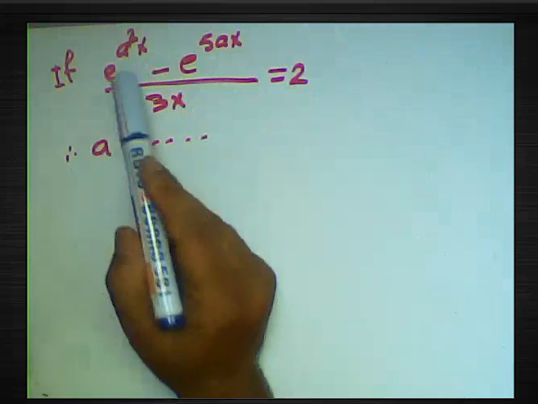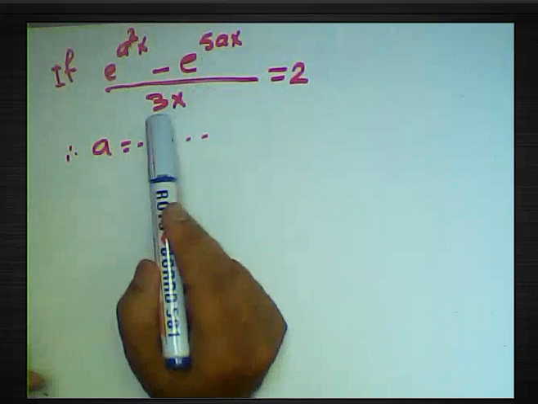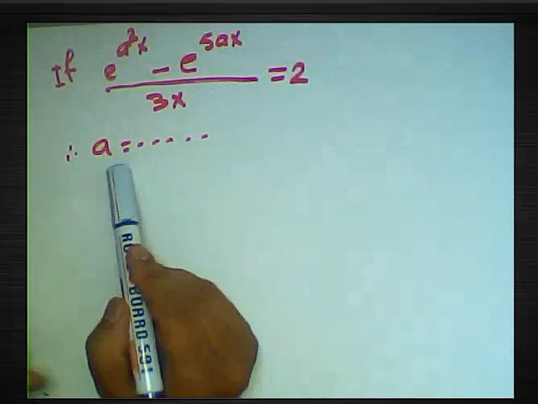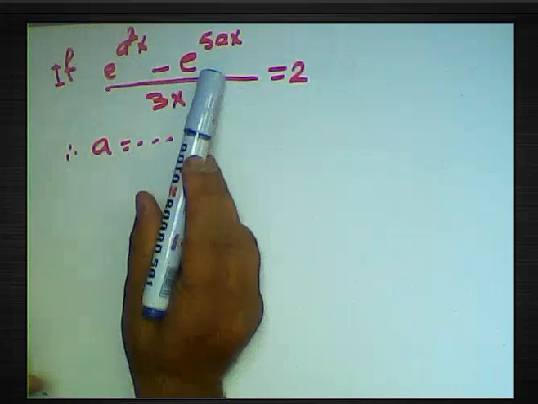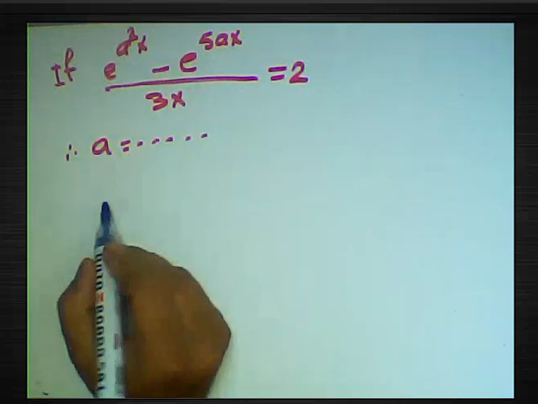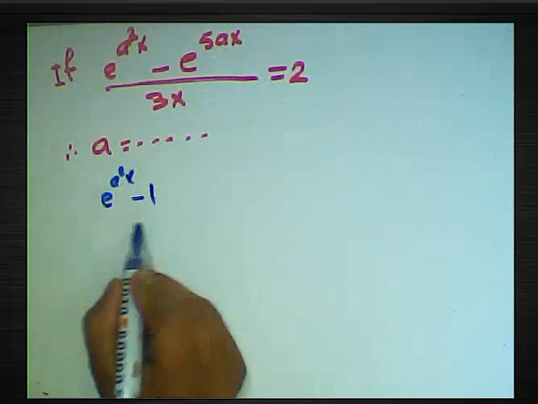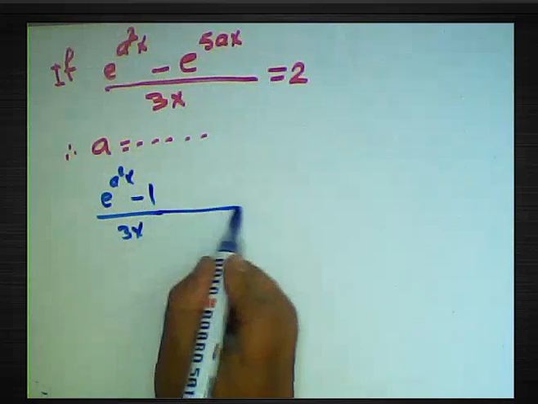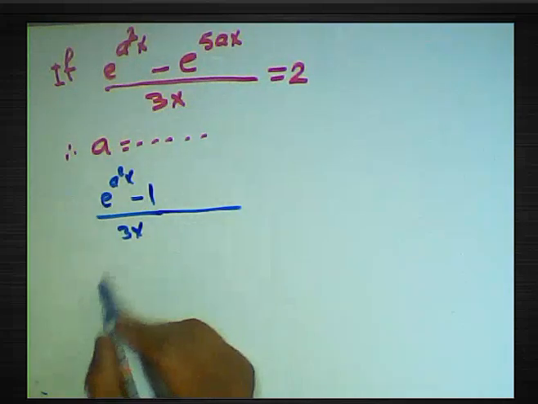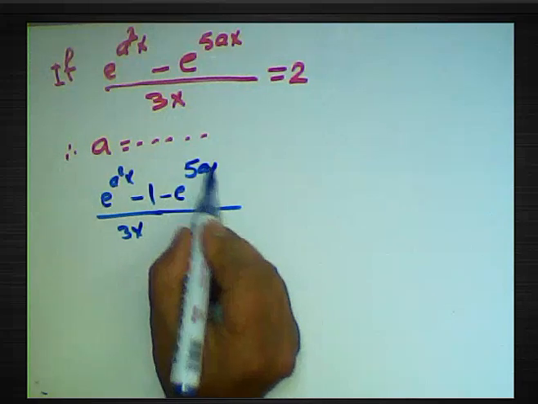If (e^(2x) minus e^(5ax)) over 3x equals 2, we want to find a here. We can add negative 1 and positive 1 here. To use the rule, we know (e^(2x) minus 1) over 3x. I will add here a negative. Okay, complete with me here the first, and then complete the steps. Right, negative e^(5ax) plus 1.